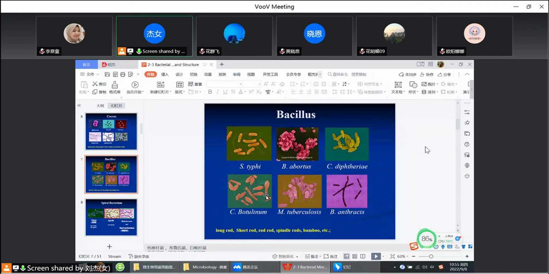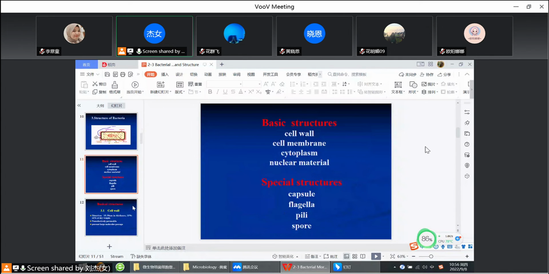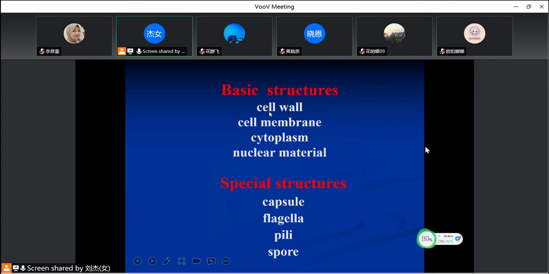Actually, this bacterium and this one form something called a spore inside the bacteria. That's why their morphology looks different from the other rod-like bacteria. So this is a spore.